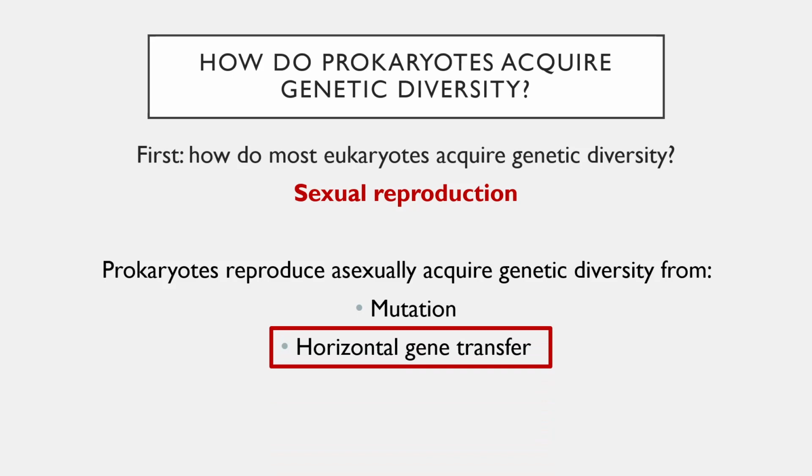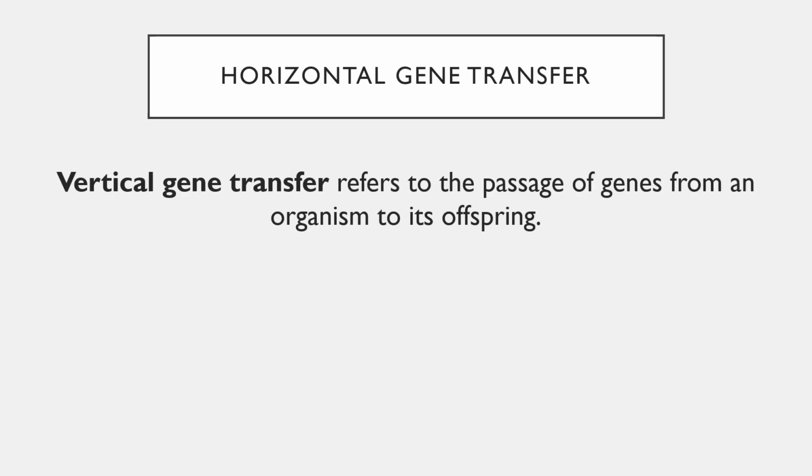To understand horizontal gene transfer, it's important to first understand what vertical gene transfer is. Vertical gene transfer is the passage of genes from an organism to its offspring. It's called vertical gene transfer because it involves passage of genes down the generations, so in a vertical direction.